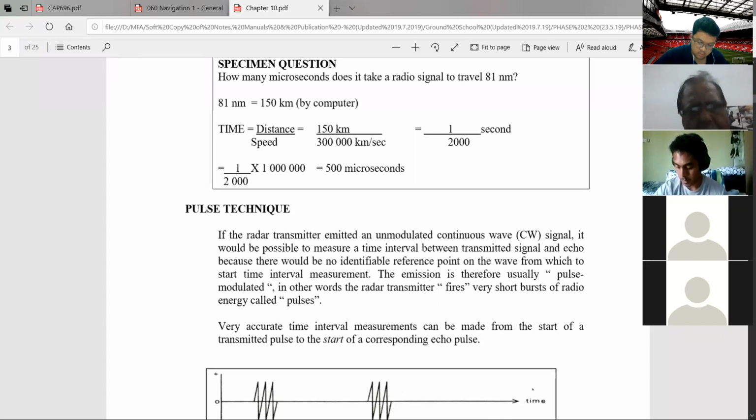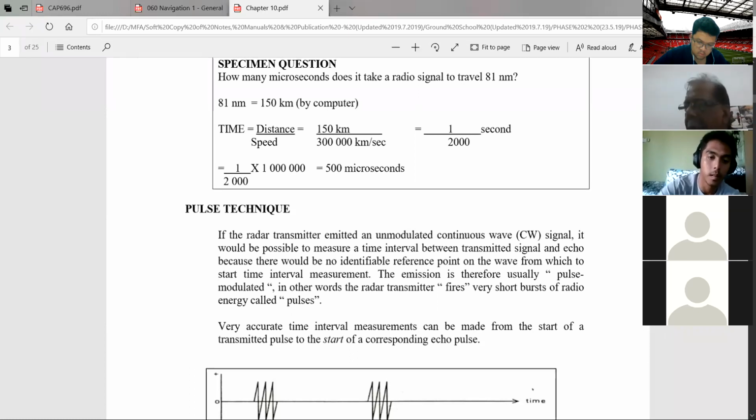Unless this pulse comes back, pulse number 2 is not transmitted. If I want to manufacture a radar, the minimum range of the radar is defined by its pulse length.